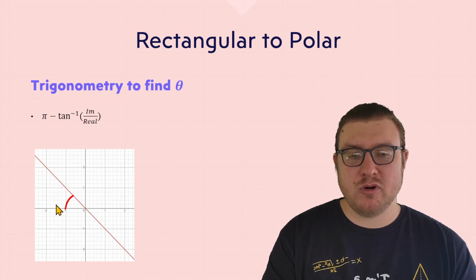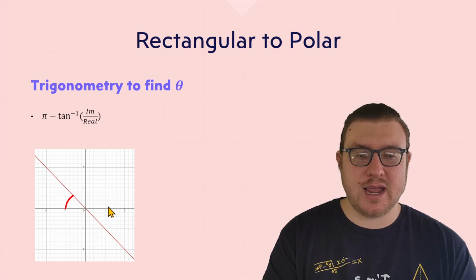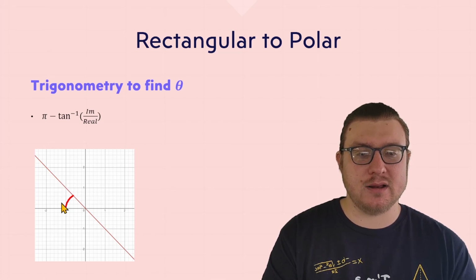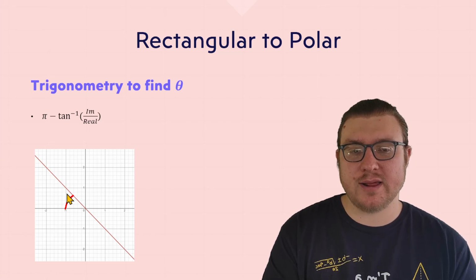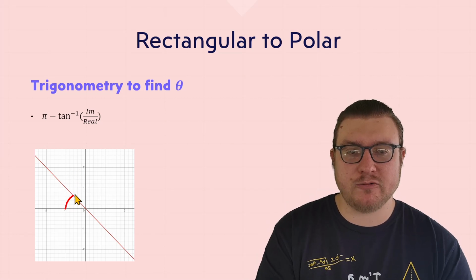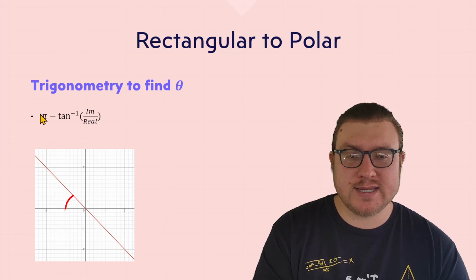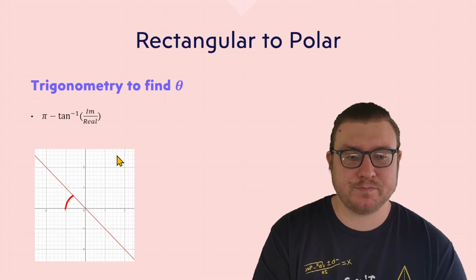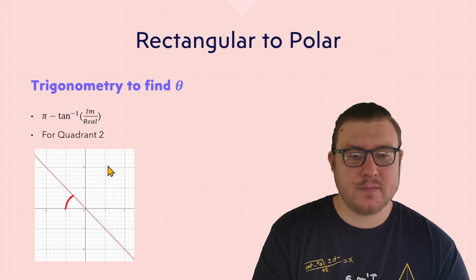We just want to move this angle to the other part over here. Basically, angles on a straight line is 180, so 180 minus this angle. But 180 is for degrees. All of our calculations for polar form and rectangular form are in radians. So instead of 180 minus, we have pi minus. Okay, so this is for this quadrant here.